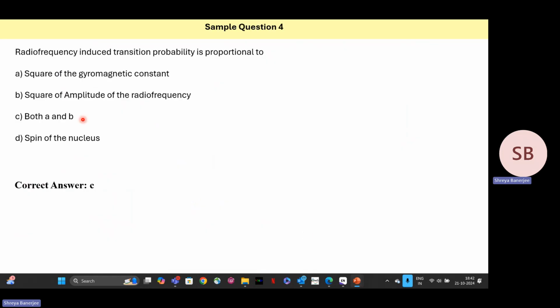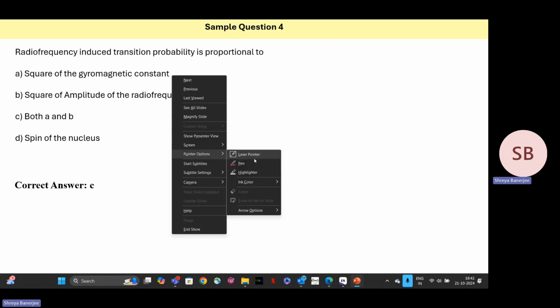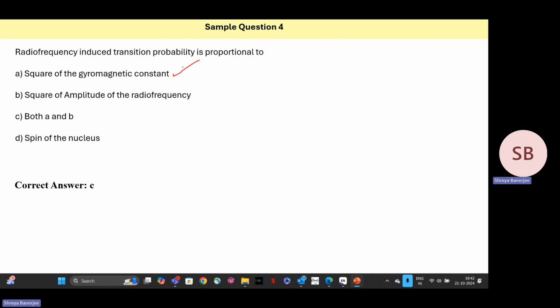So now if we look back, the radio frequency induced transition probability P is proportional to the square of the gyromagnetic constant and the square of the amplitude of the radio frequency. So it is both A and B, so C is the correct answer.